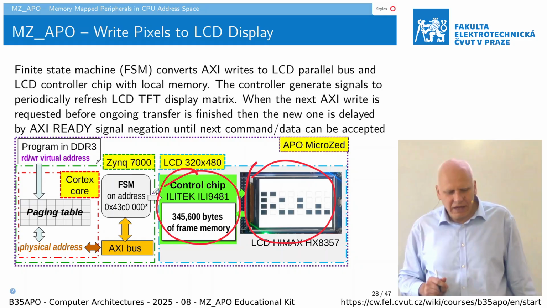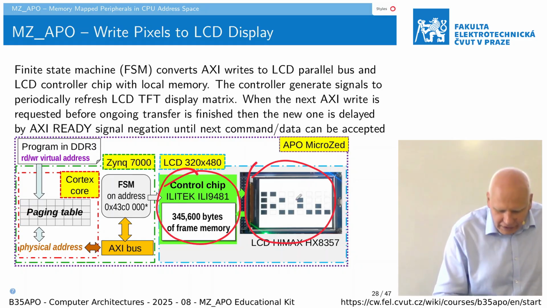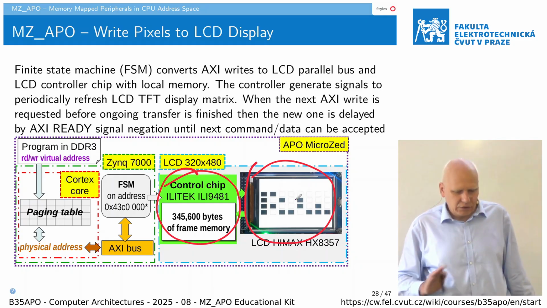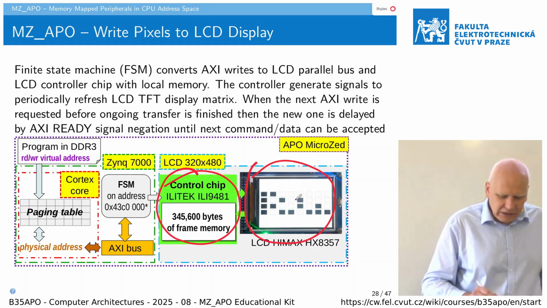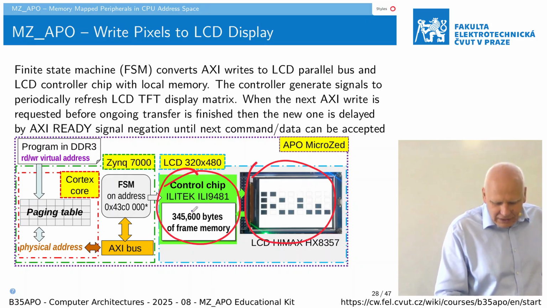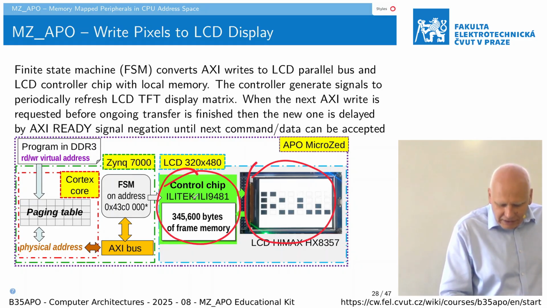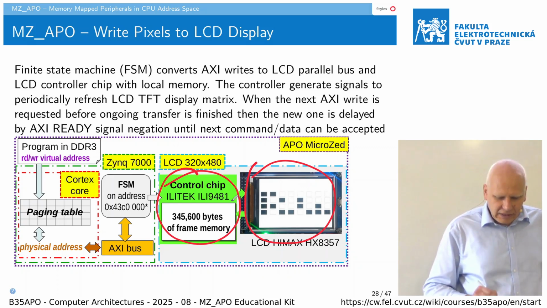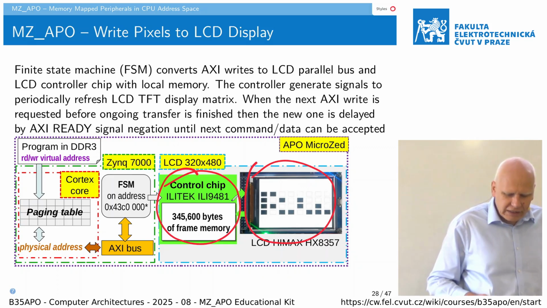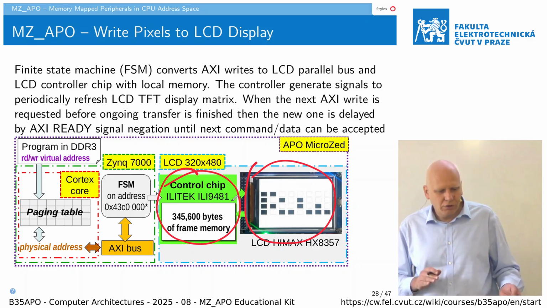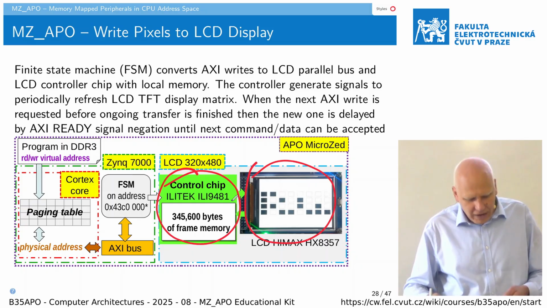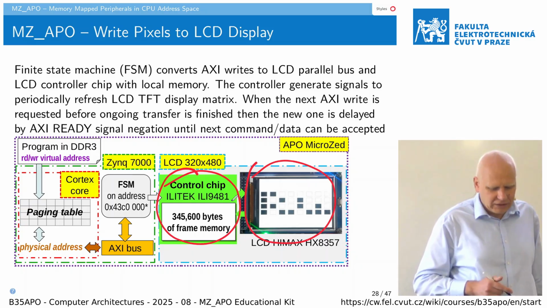It has the advantage that this local controller refreshes the image on the screen again and again, so it is good. But we need to write the data through some interface to the internal memory of this display controller. And in our case, the display controller responds to 2 addresses. On one address, it responds to writing the commands, on the other address to writing the data.